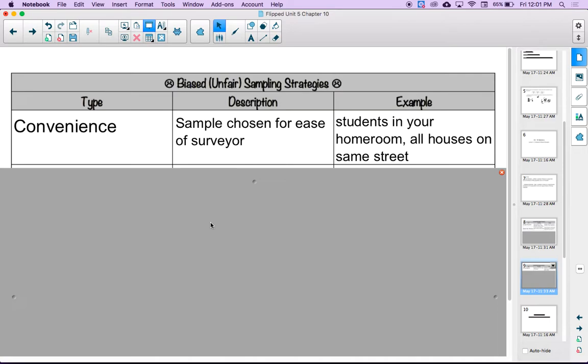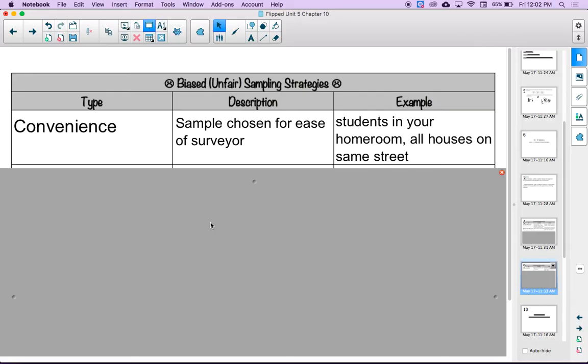So if you want to survey students in your homeroom to try to get an idea of how all of 7th grade will answer a survey question, students in your homeroom will be easily accessible to you, and so that makes it a convenient sample. Another way would be if you're looking to survey people in the town of Schuylkill Haven and you just choose all houses from the same street.